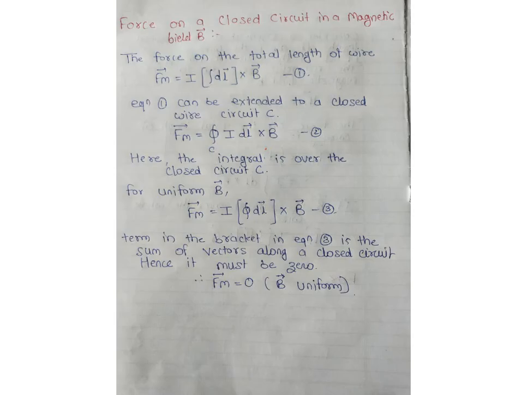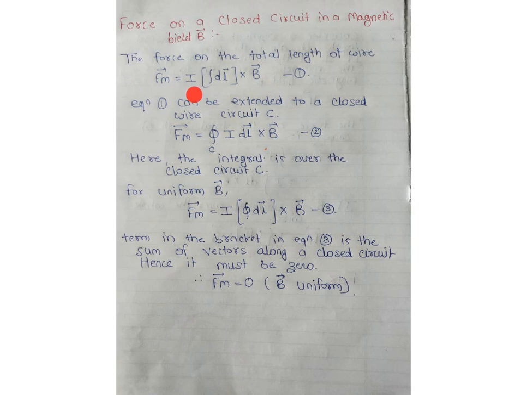The next point is force on a closed circuit in a magnetic field B. Let us consider the force on the total length of the wire.